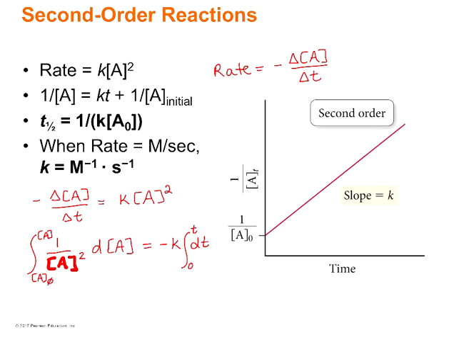And you might recall from your calculus class that the integral of x to the n is x raised to the n plus 1 over n plus 1, and then plus some constant. So we're going to do the same thing here with our 1 over A squared.